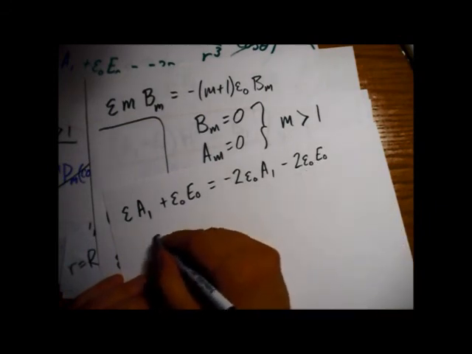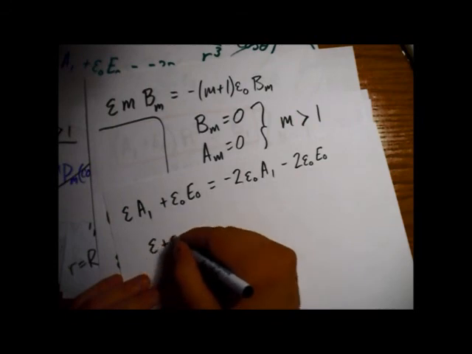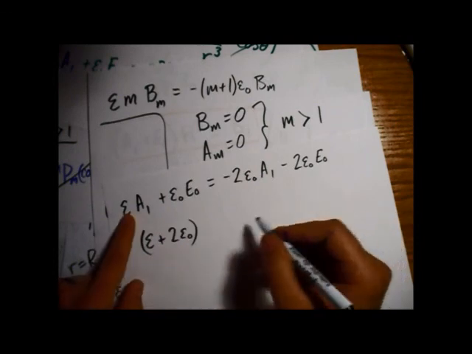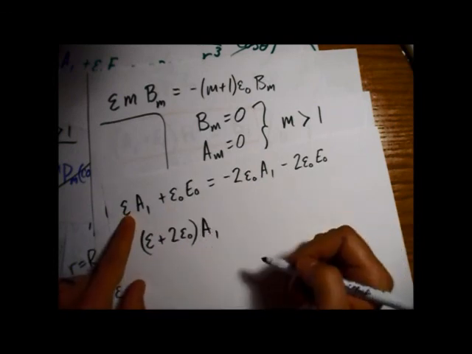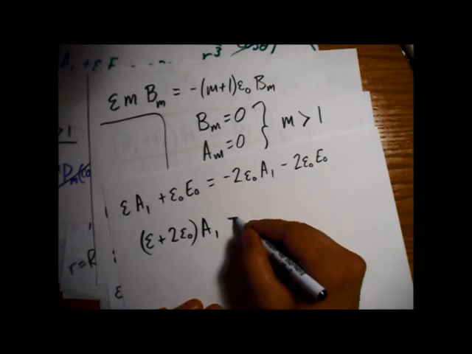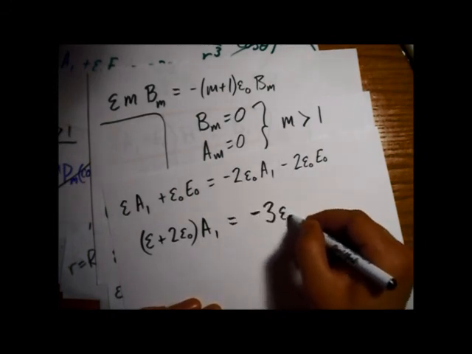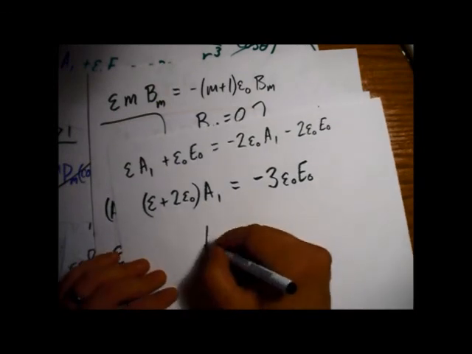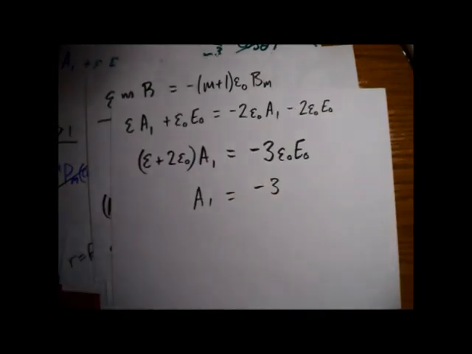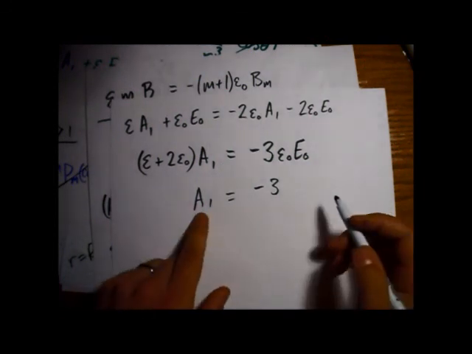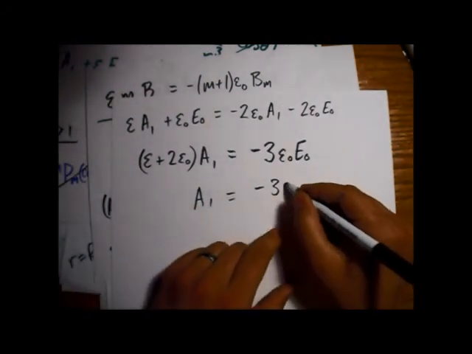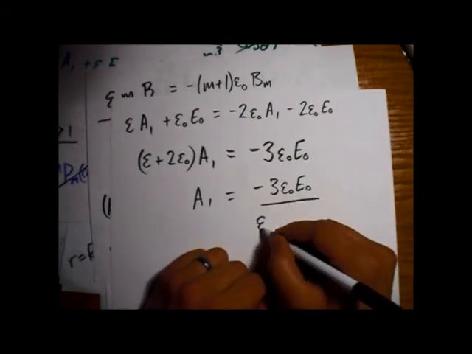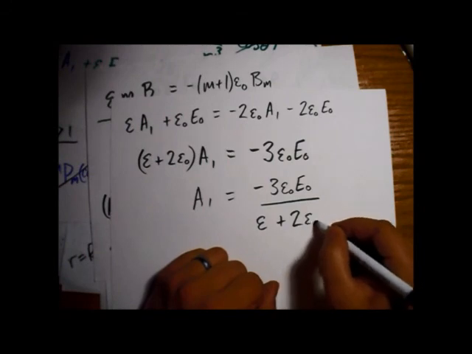Okay, so epsilon plus 2 epsilon naught. So I'm bringing this term over here, mixing it with this a1. Now let's bring this guy over here. Minus 3 epsilon naught big E naught. Okay. All right. So a1 is equal to minus 3 epsilon naught big E naught over epsilon plus 2 epsilon naught.